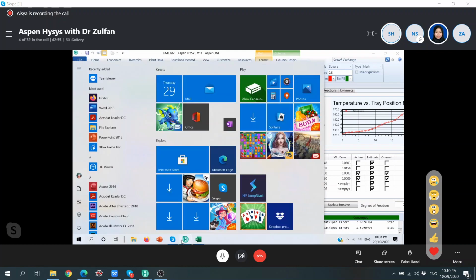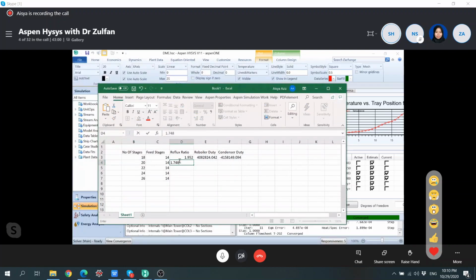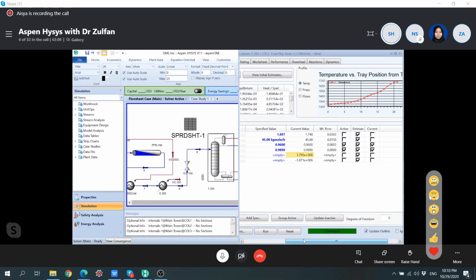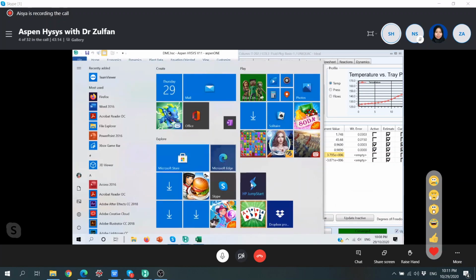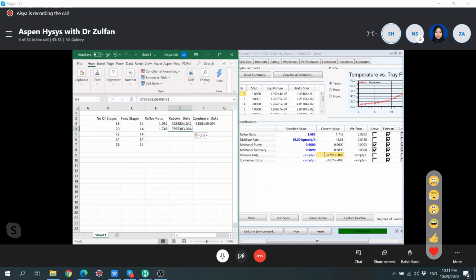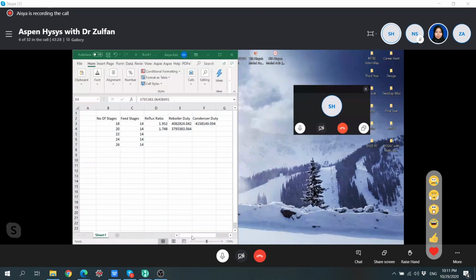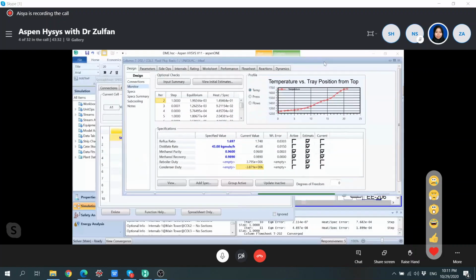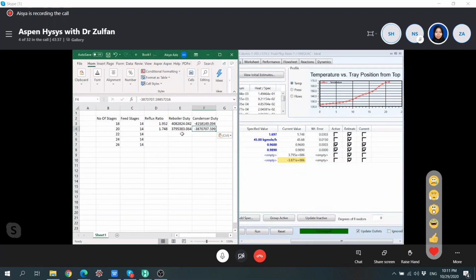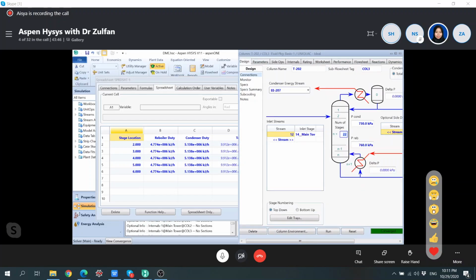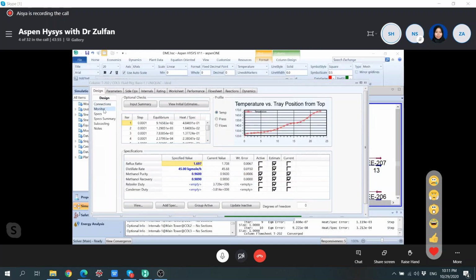One point 748. You can make this window smaller, right? One point 708.